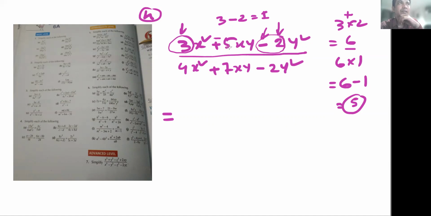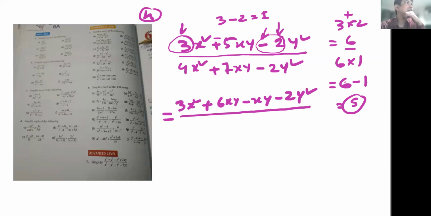It's becoming right. So we'll write 3x square plus 6xy minus 1xy minus 2y square.